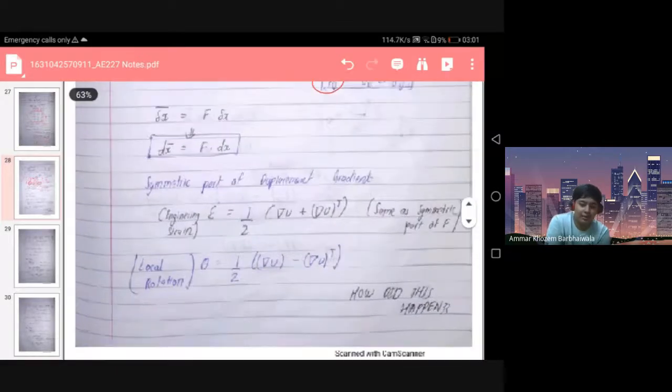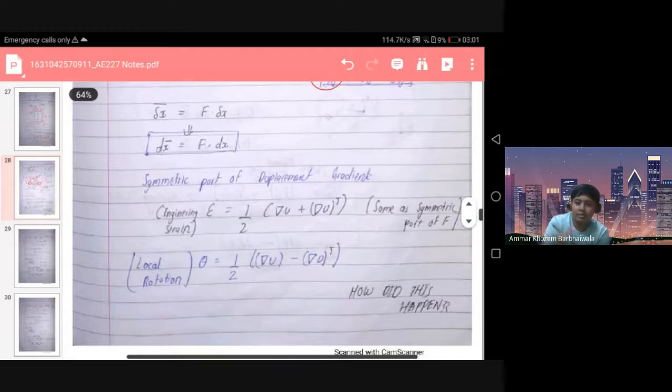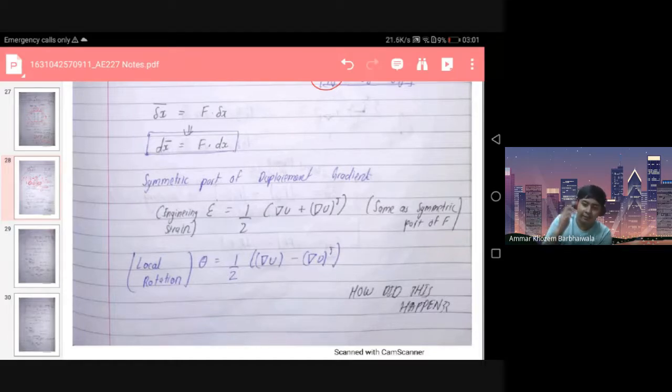Now here comes the important part. Now that we have all this, we basically know that if we have the displacement vector field, we know exactly how each and every point in it will transform. So now that we know that, how exactly can we define strain and local rotation?